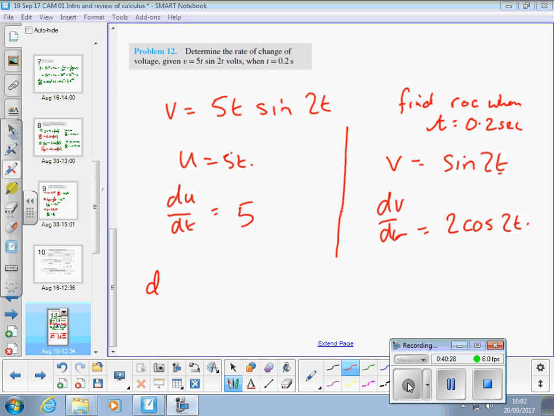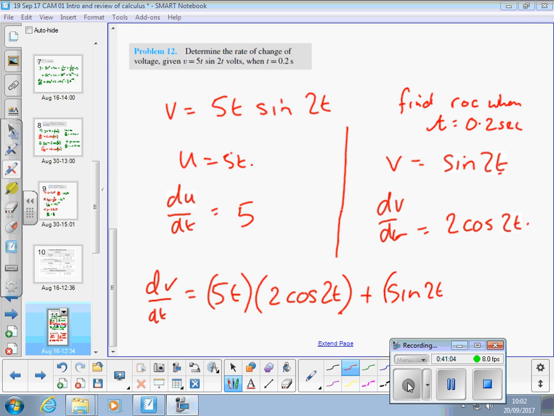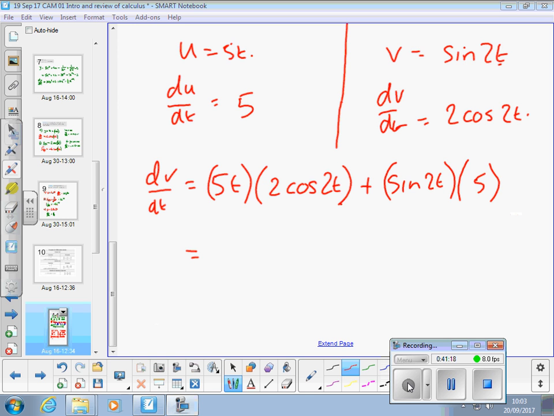We end up with dy by dt, multiplying that by du by dt, cos 2t, and then plus sine 2t times the derivative, which we can write as 5. That makes 2t cos 2t plus sine 2t.